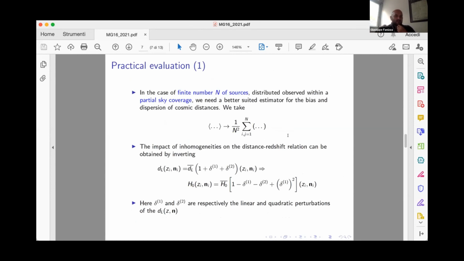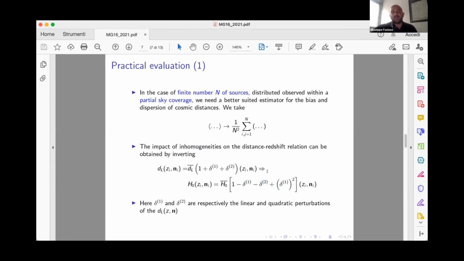The simplest thing that we can think about is acting with, let's say, an actual average on all the number of points that we might have at our disposal, but acting this average on the luminosity distance redshift relation after being inverted, in the sense that, having in mind the background relation, we can infer the value of H0 from the luminosity distance and express the inhomogeneities sourcing the measured H0, source by source, by the one inferred by the luminosity distance redshift relation here.